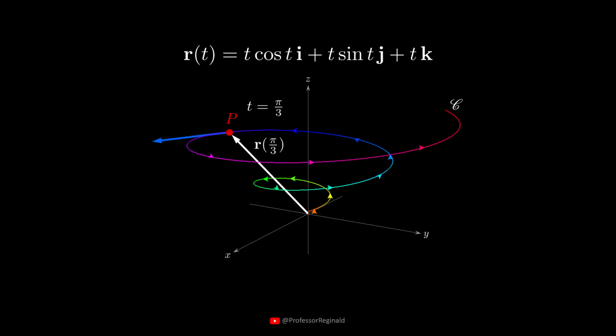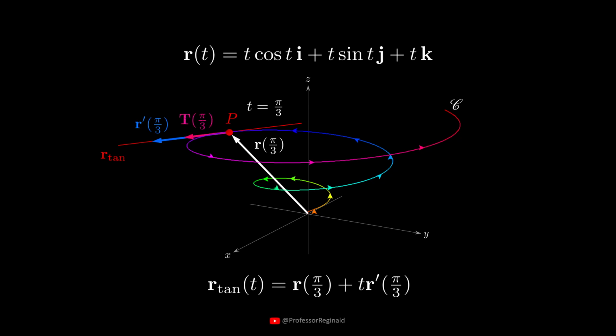This is the tangent vector to the point, while this is the tangent line to the same point. The unit tangent vector is the unit vector that points to the same direction as the tangent vector, and they both point to the direction of increasing parameter.